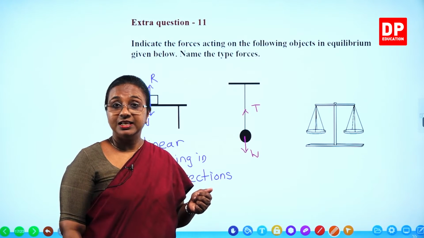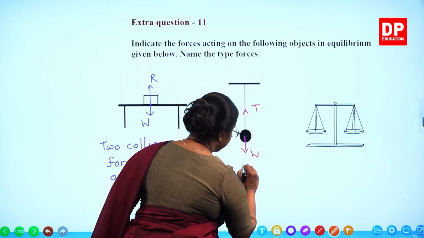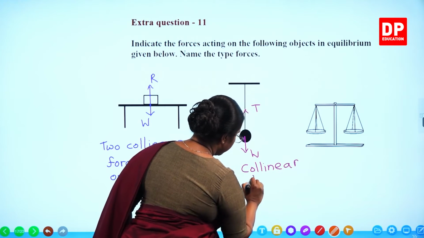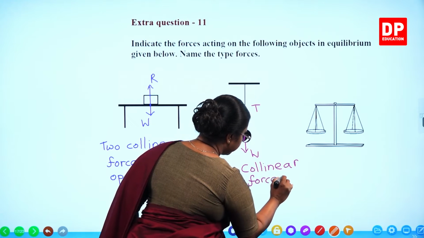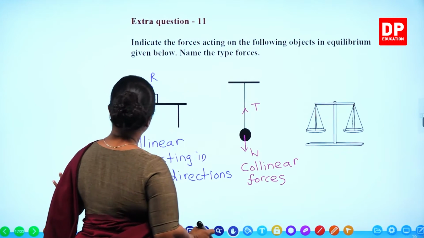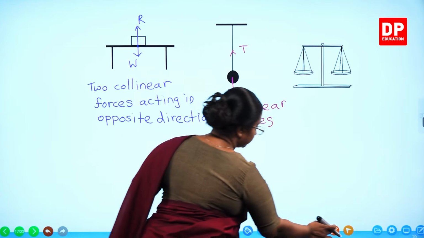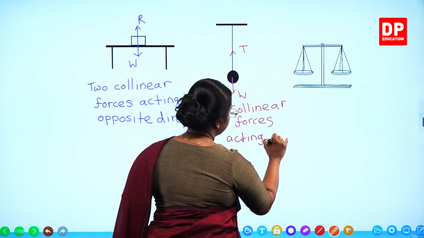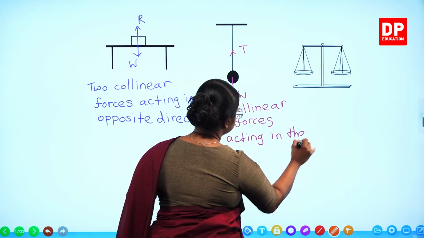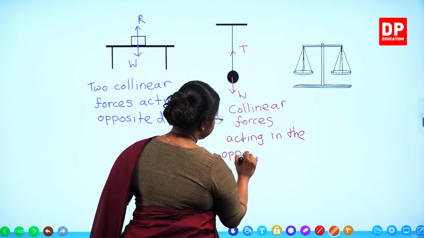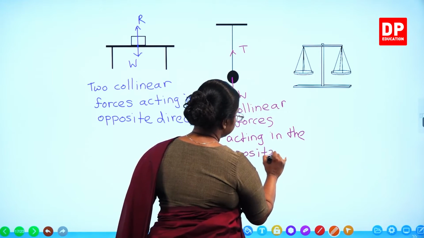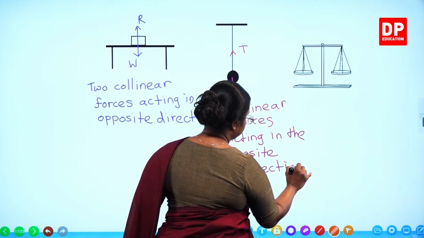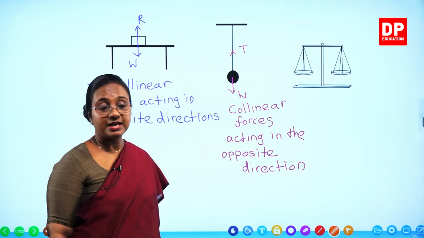Collinear forces acting in opposite direction. That is the second type.